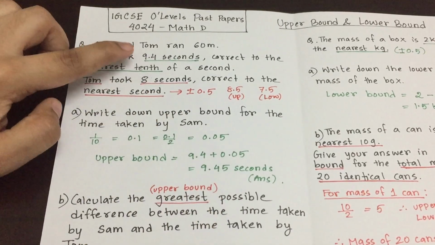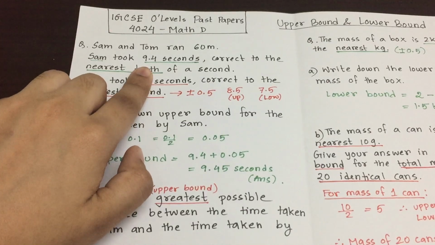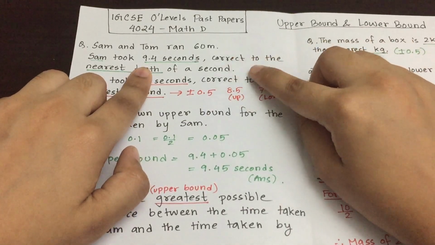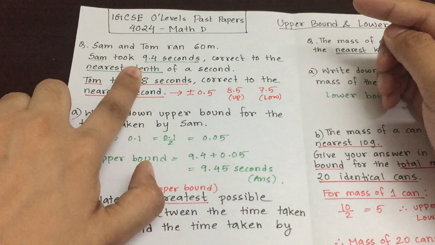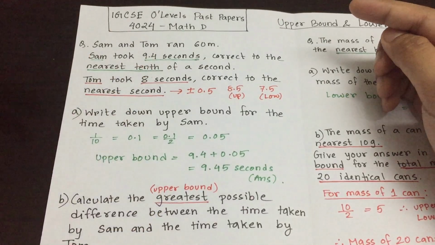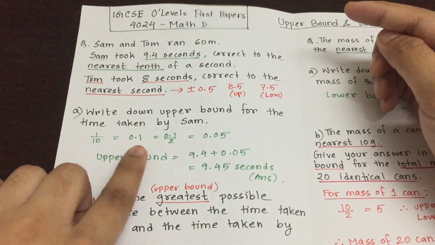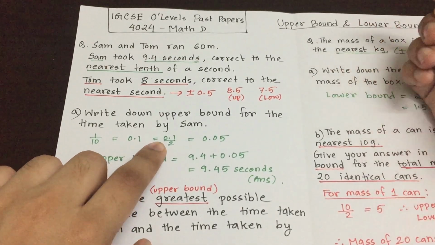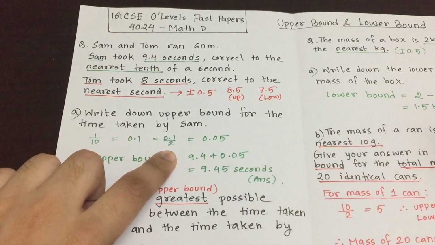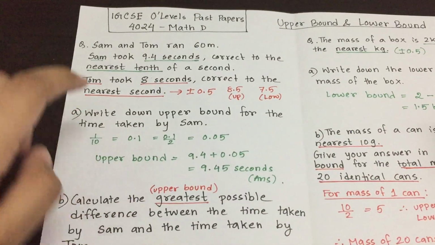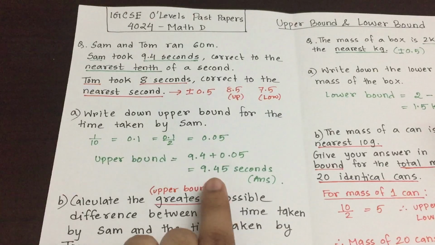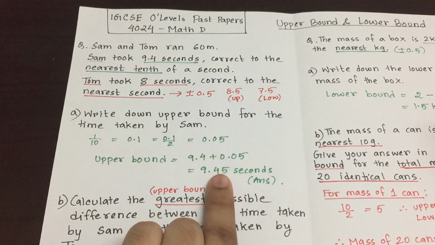So Sam takes 9.4 seconds, and the key word here is correct to the nearest tenth. So when it says nearest tenth, we have to do 1 by 10, which is 0.1, and then divide that by 2, that will give us 0.05. So my upper bound will be 9.4 plus 0.05.